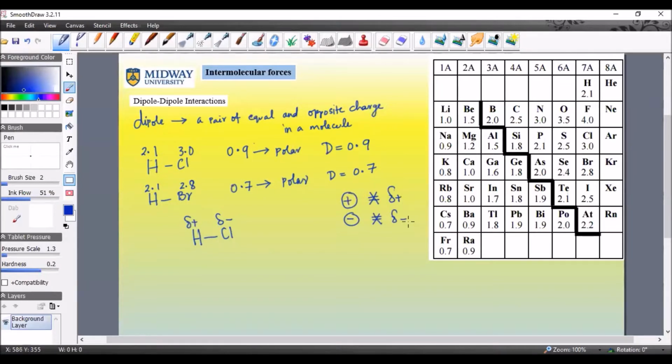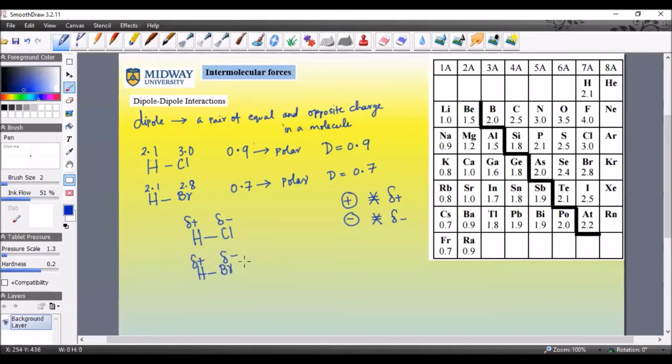Partial positive and partial negative are usually reserved for compounds that are polar. Neither of these can be found in a compound that's purely nonpolar in nature. So similarly for HBr, delta is positive for hydrogen and delta is negative for bromine.